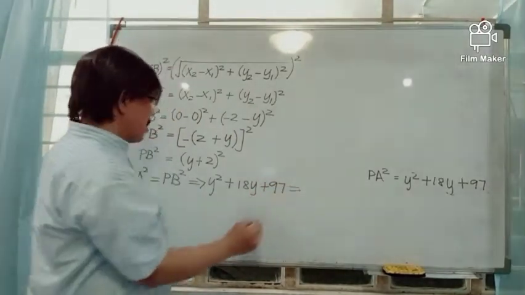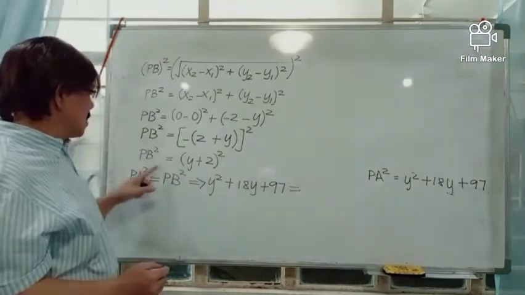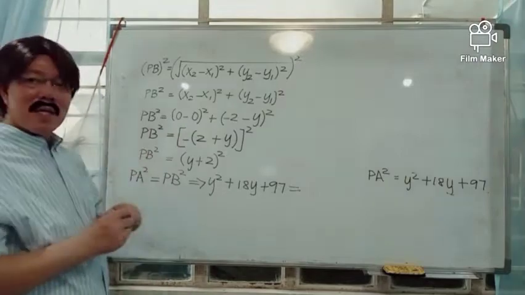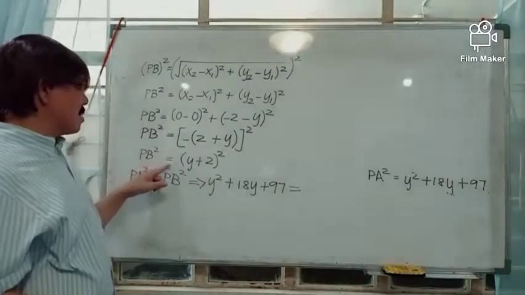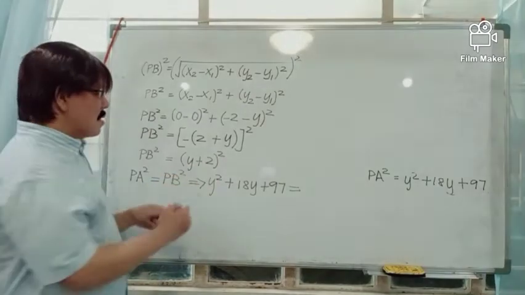And this is equal to the square of the distance between the points P and B. The square of the distance between the points P and B is given by the square of y plus 2.